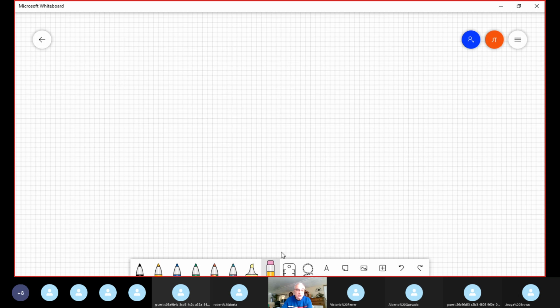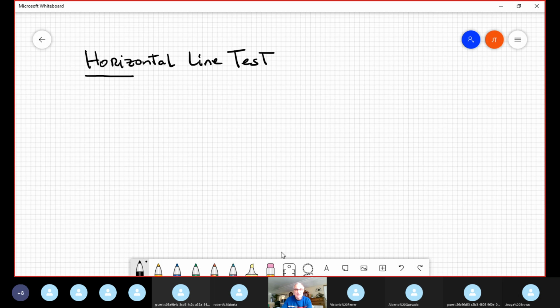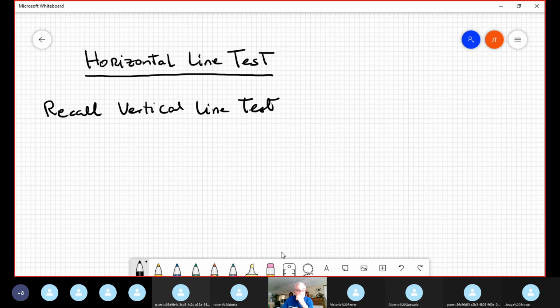So what is the test to help me understand if a function is one-to-one or not? It is the horizontal line test. I suppose that you remember the vertical line test, but I want to recall it. The vertical line test is the test we use to verify whether a graph, a figure, is or is not a function.